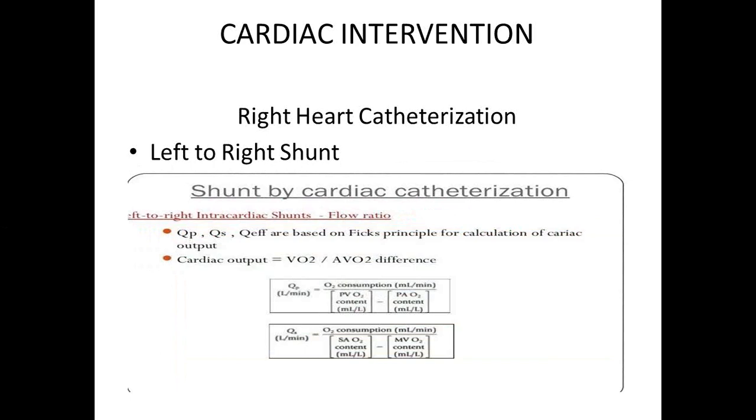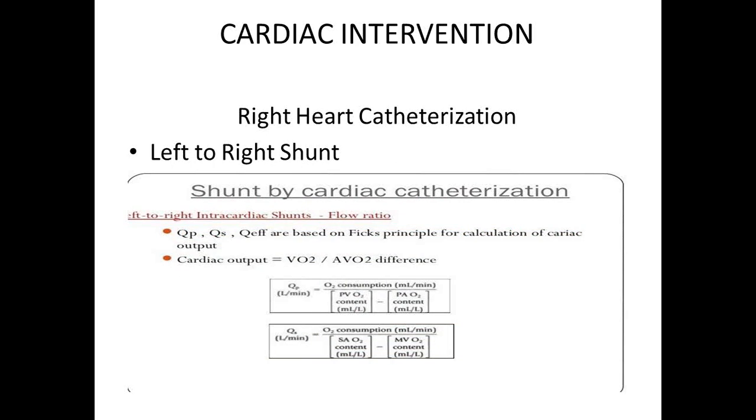Over time, if it's a significant shunt, you're going to get increased pulmonary blood flow, and that pulmonary blood flow is going to increase the pulmonary vascular resistance, and it's going to make these patients very sick. So we use the pulmonary blood flow over the systemic flow to give us an indication when the patient starts to deteriorate, and we use it to help us plan surgery.